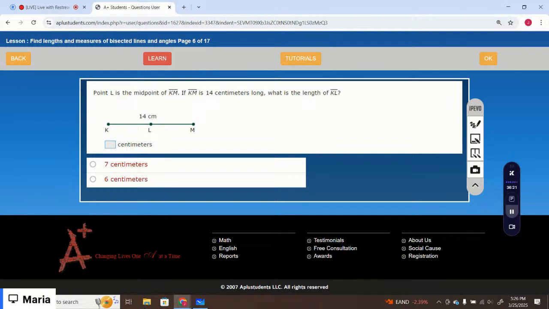Point L is the midpoint of KM. If KM is 14 centimeters long, what is the length of KL? That is 7 centimeters. Option number 1 is the correct option.